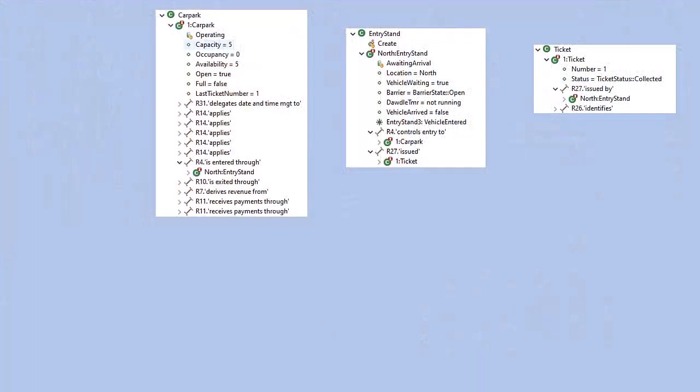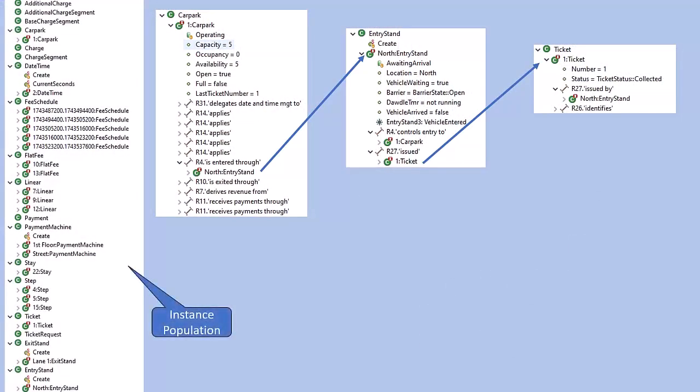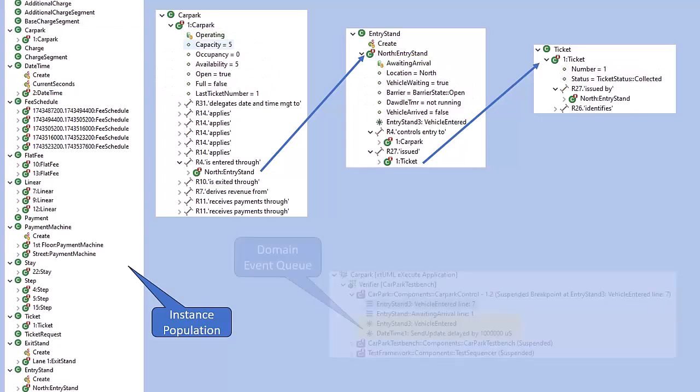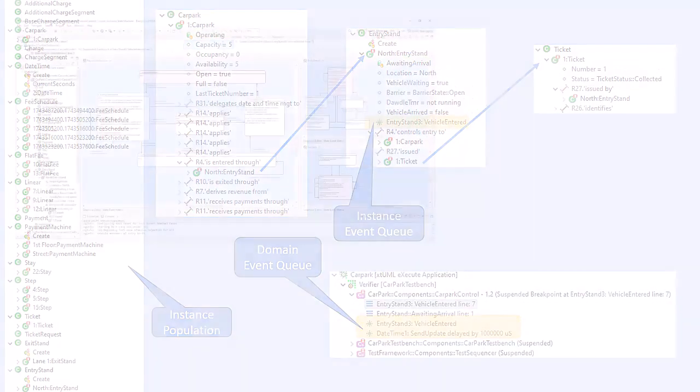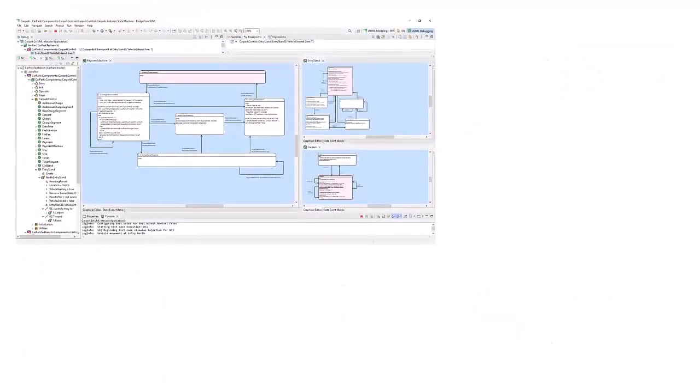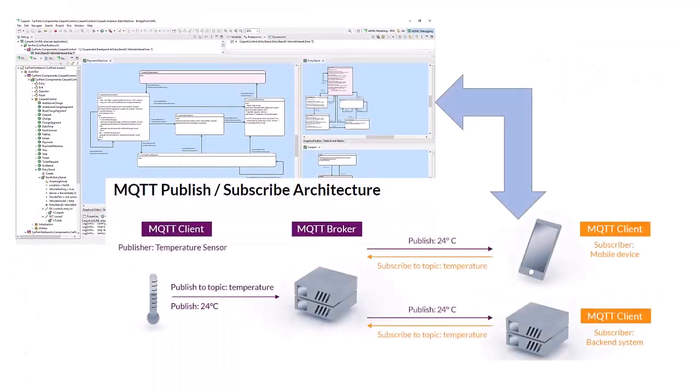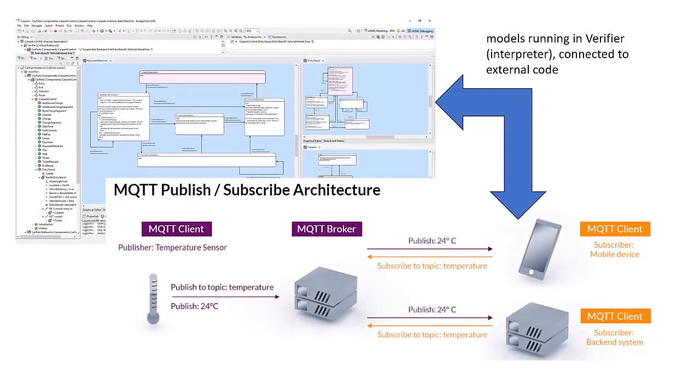It provides you with great visibility into all of the model constructs, including links between instances, the entire instance population, attribute values of each instance, as well as the current state of all active instances. You can also connect models executing inside Verifier to external code. This makes it possible to do a great deal of functional testing before generating any code.